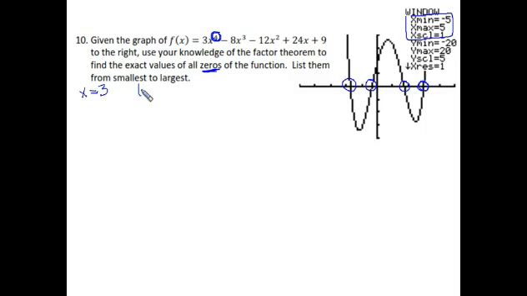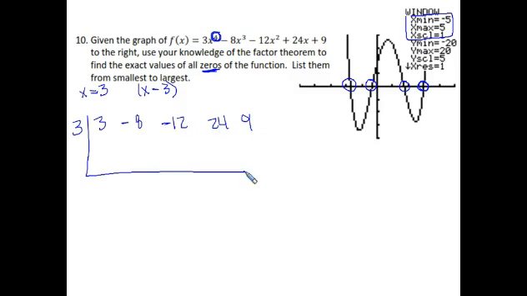Which means that x minus 3 is a factor. So this is going to go in evenly into our function. So maybe we'll use synthetic division. If x equals 3 is a zero, that's what we can put on the outside. Using our coefficients, make sure we don't need any zeros, and I don't think we do.